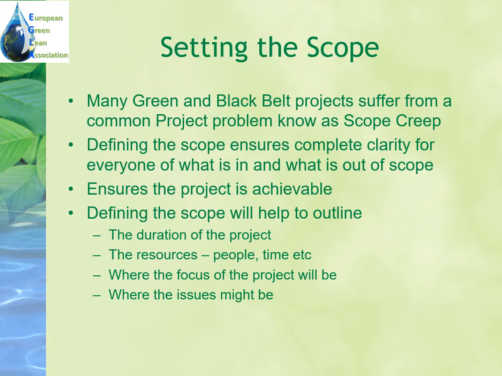So when you are setting the scope, this is really something that you have to understand: many green and black belts in ESG Lean world, project managers and project directors, do suffer from something called scope creep, which means that the scope is expanding to levels that are not doable.